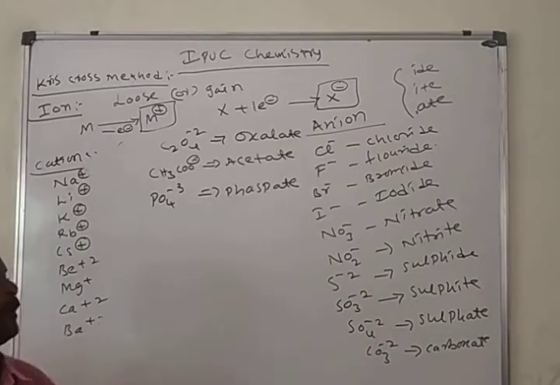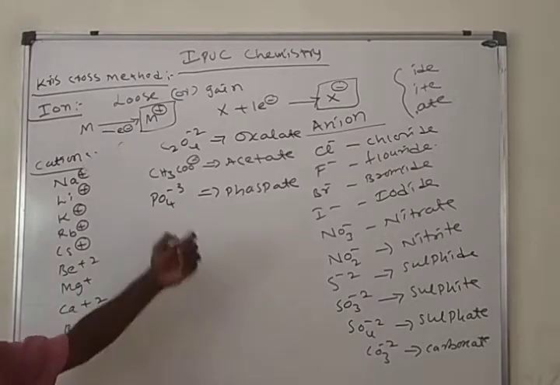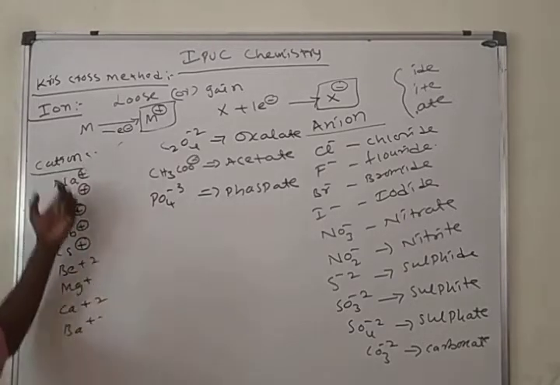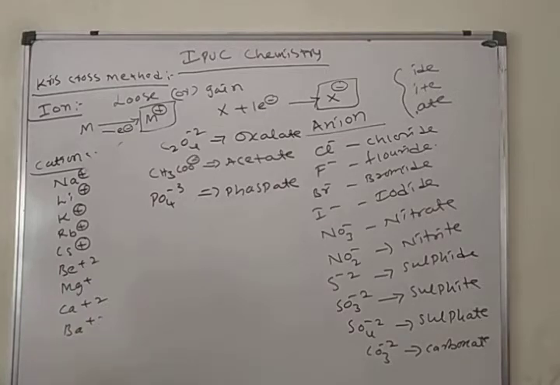These are some of the important examples for the anions. These are the important examples for the cations.